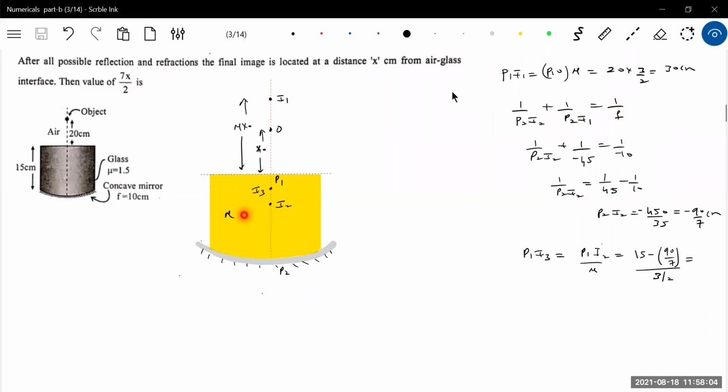Or don't draw all this, just draw one vertical line with only the points O, I1, I2, I3. No need of a ray diagram also. Please do develop all these skills when you're practicing now. How to save time. Some answer will come, verify later on.